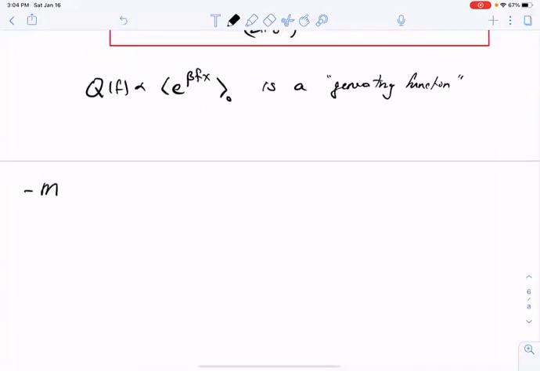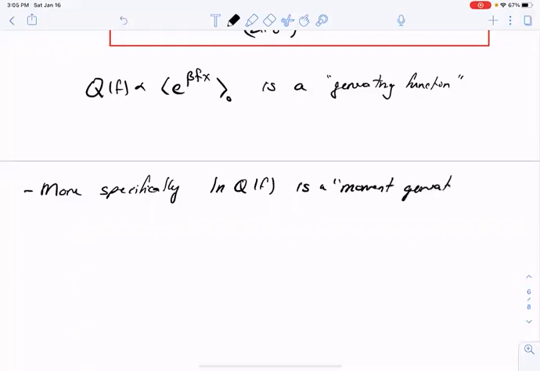More specifically, the log of Q of F is a so-called moment generating function, in that taking the derivative of Q with respect to beta F generates the moments of the distribution of X.